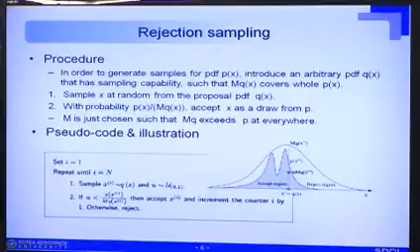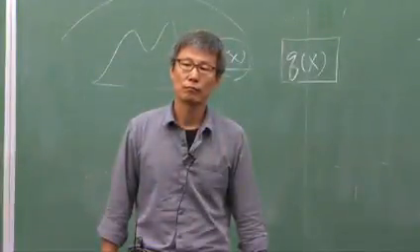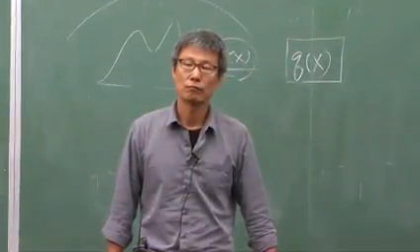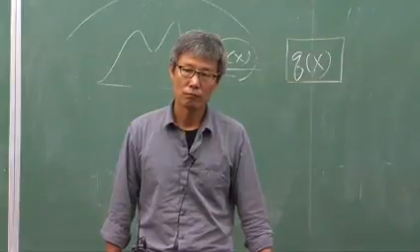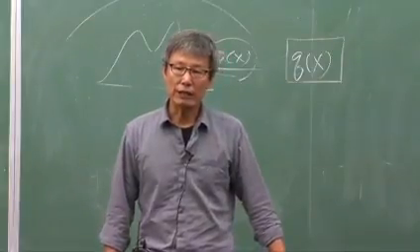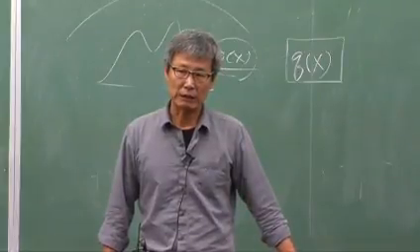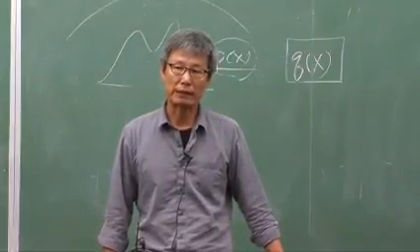Right, that we have to sample twice in this case. We have to sample once to get the Q of X and M, and then sample again to actually sample for P of X. We need sampling only once from QX.